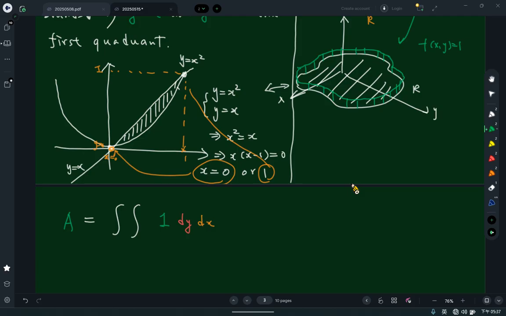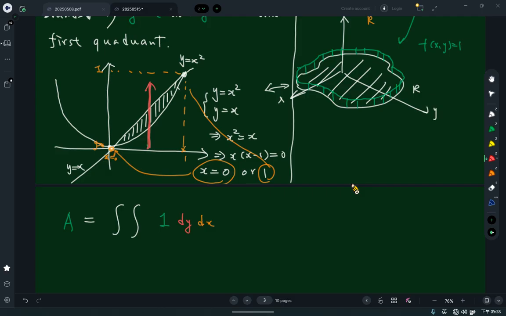If we go for dy first, we just emit a ray which is parallel to the y-axis toward this region. And we need to know where the enter point is and where the leaving point is.